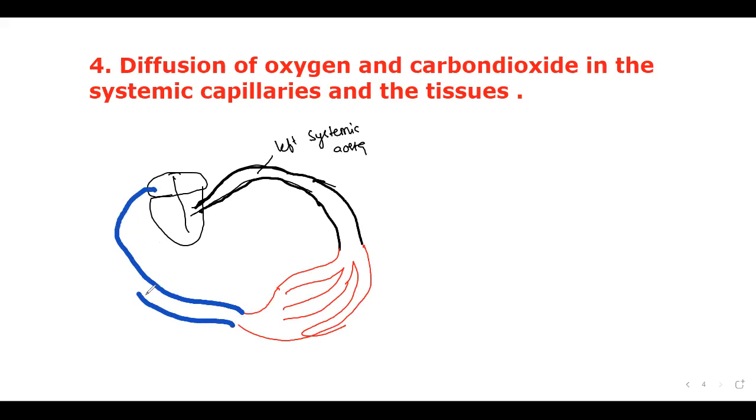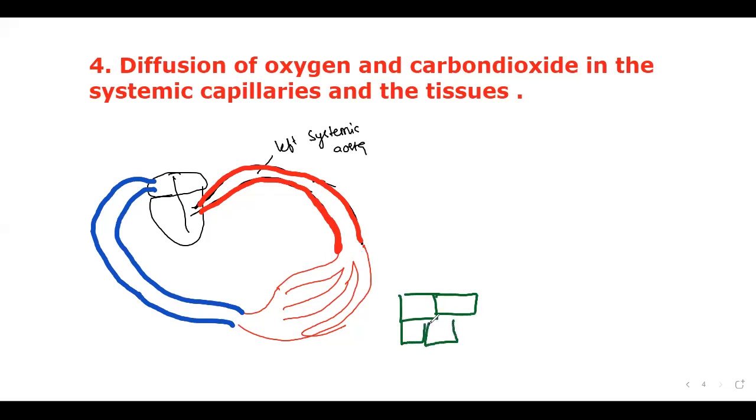Just try to find out the difference: this is a blood vessel, so why am I drawing the blood vessel much thicker and the blood capillary thinner? We will discuss the anatomical difference in the coming chapter, body fluid circulation, but at least you need to understand at present that blood capillaries are thin.